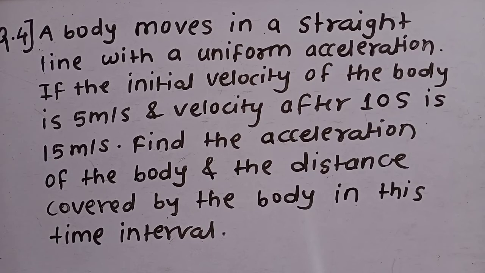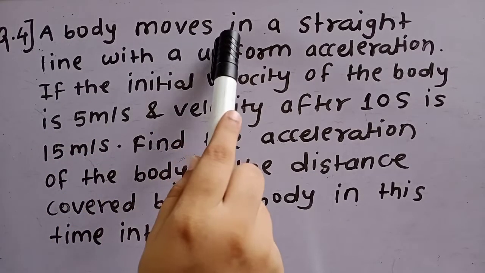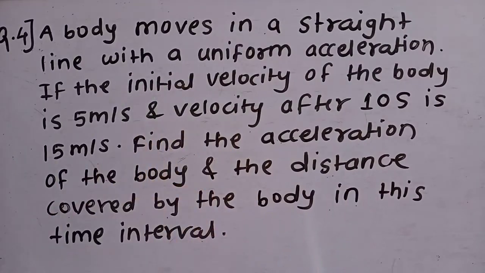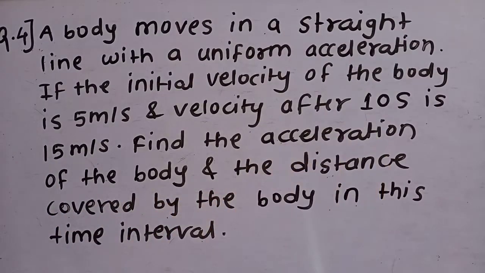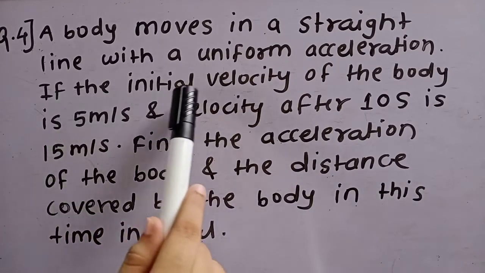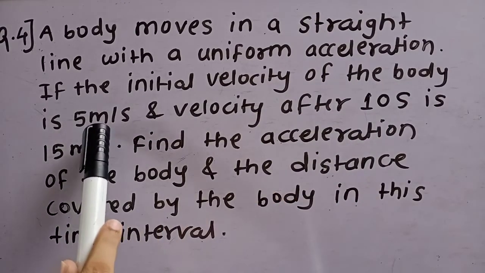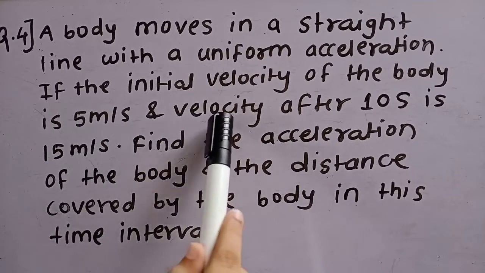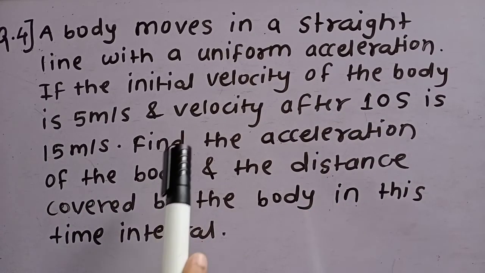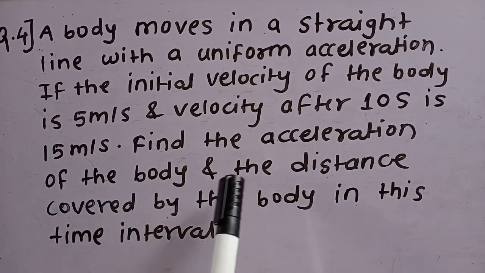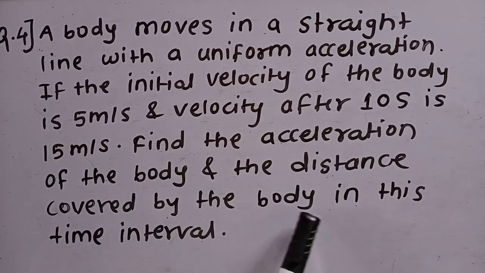Now students, see the fourth question. What is given? A body moves in a straight line with a uniform acceleration. If the initial velocity of the body is 5 meter per second and velocity after 10 seconds is 15 meter per second, find the acceleration of the body and the distance covered by the body in this time interval.